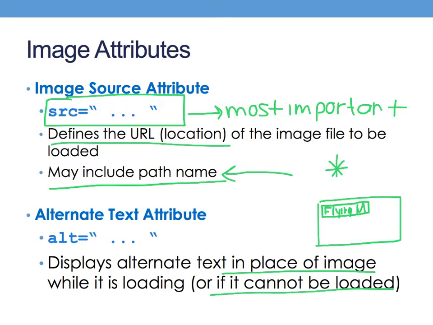So while this isn't a required attribute, it's commonly used in the chance that something doesn't load, so that either you know what image isn't loading as a coder, or the person viewing your web page knows what that picture should be. So they can kind of get a mental image of what that web page would look like if your image did load.